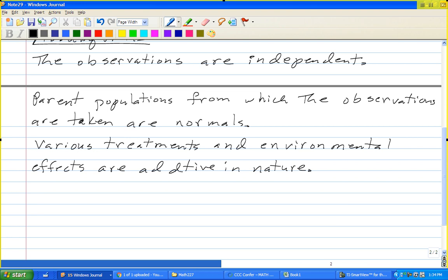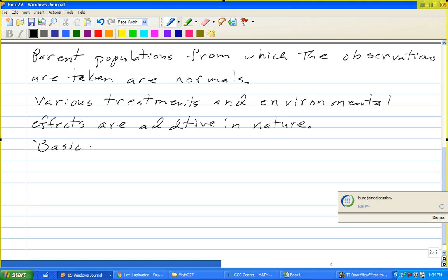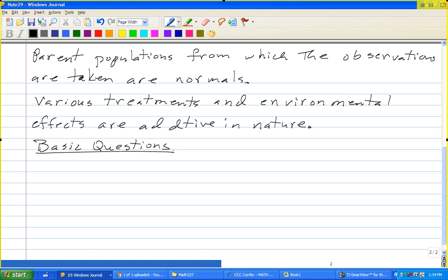Okay. So some of the basic questions that we're going to try to answer. In chapter 7, we looked at one mean and saw, is it equal to some value? In chapter 8, we looked at two means and saw, are these two means equal, or is the difference equal to some differing value.